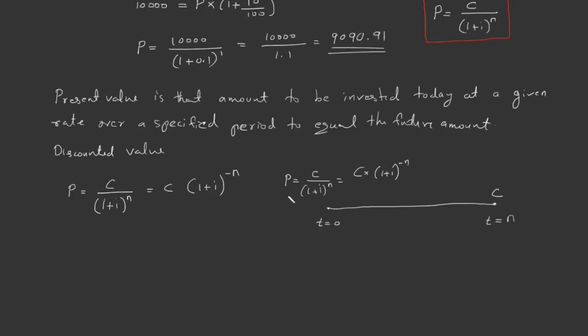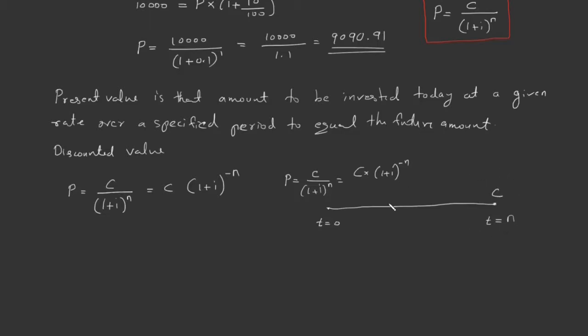Again I repeat, this is the present value of C due at a time t is equal to n if the interest rate is I. It simply means that I need to invest an amount C by (1 plus I) the whole raised to n at time t is equal to 0 to get an amount C at time t is equal to n.